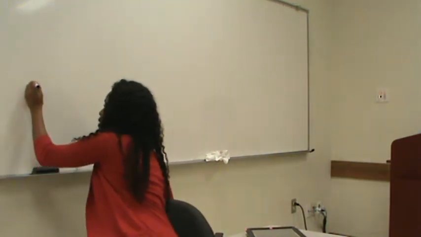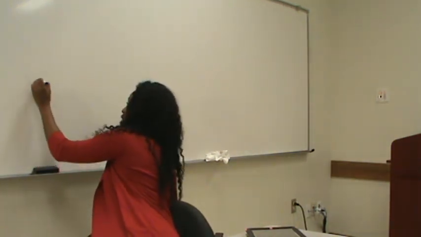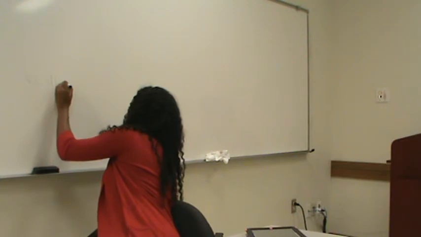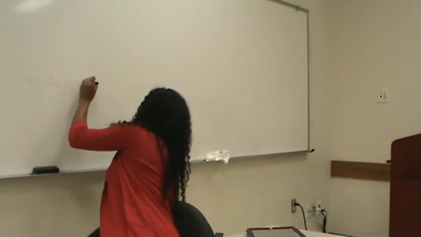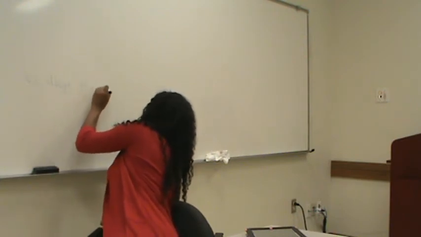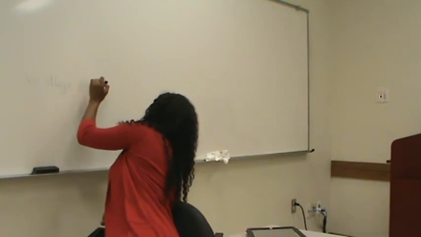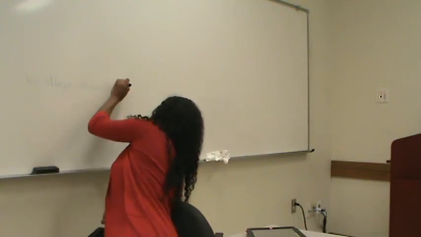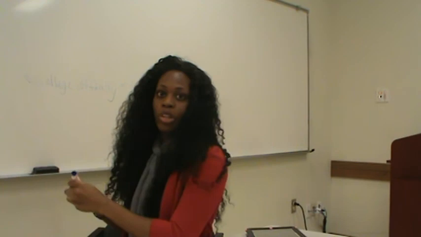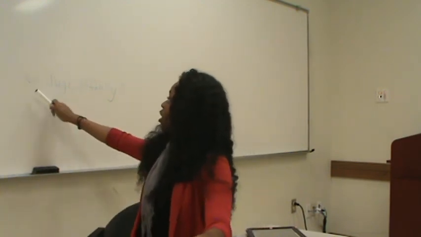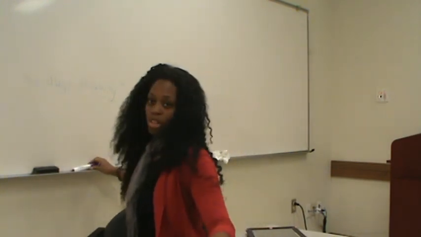You have a quotation mark, and then college difficulty, and then end quote. That will help you call up only specific instances of the phrase college difficulty in that order.